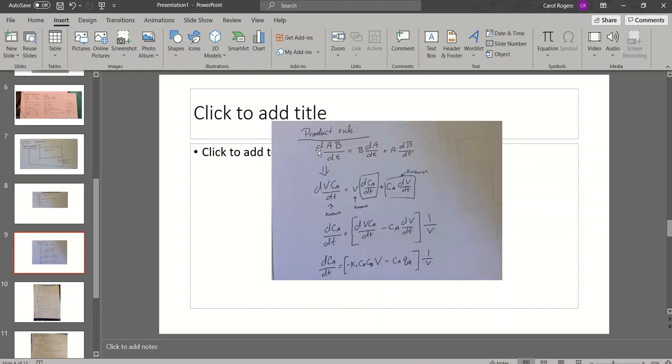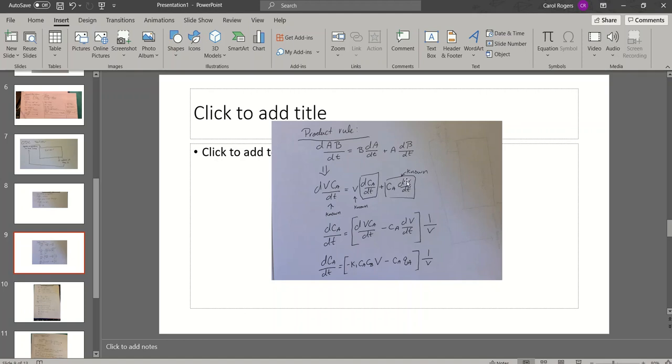So product rule, if you remember, is the derivative of A times B is equal to B times the derivative of A plus A times the derivative of B. We can translate that into the equations that we're working with here. dVCA dt equals V times dCA dt plus CA times dV dt.